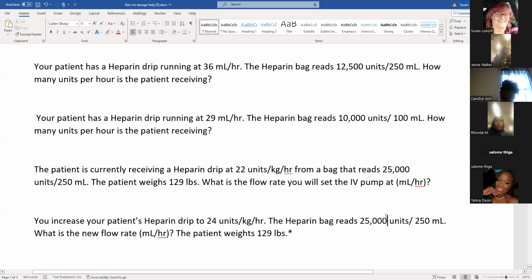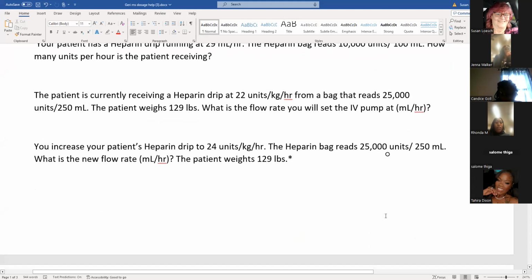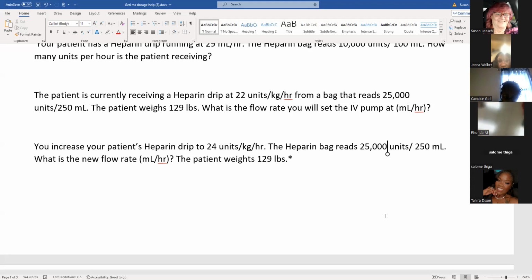All right, let's look at the next one. The next one is asking us what flow rate will we set the IV pump at? So what do we need to answer this question? Look at what you have in the problem. First thing you're going to look at is what does the problem give us? It gives us the weight. It gives us what we have on hand. And it tells us that the patient is receiving 22 units per kilogram per hour.